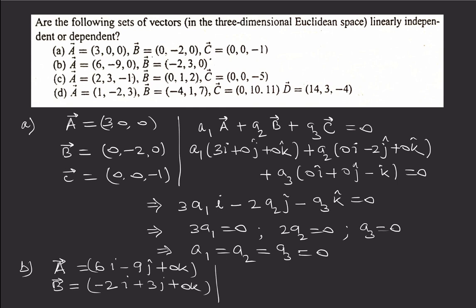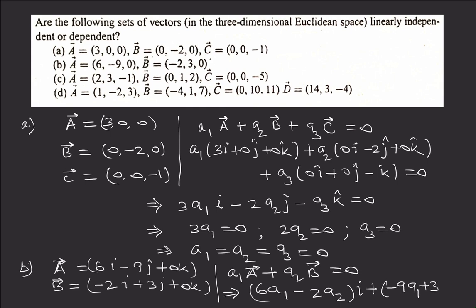Writing these two vectors in equation form, A1 A plus A2 B is equal to 0 gives (6A1 minus 2A2) i plus (minus 9A1 plus 3A2) j is equal to 0, which further gives A1 is equal to minus 3A2.